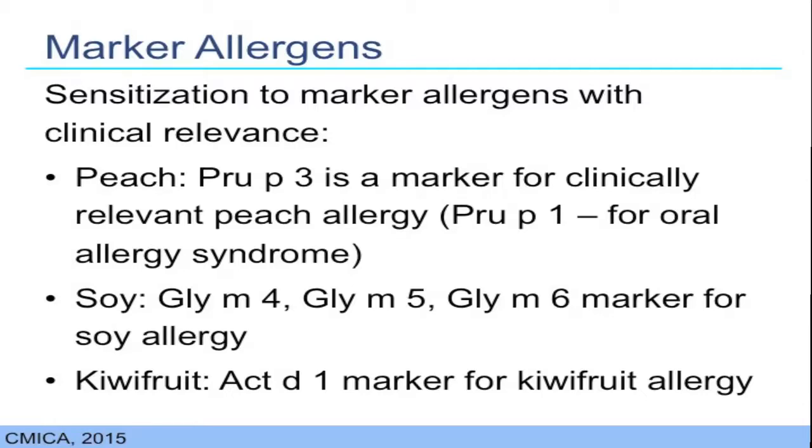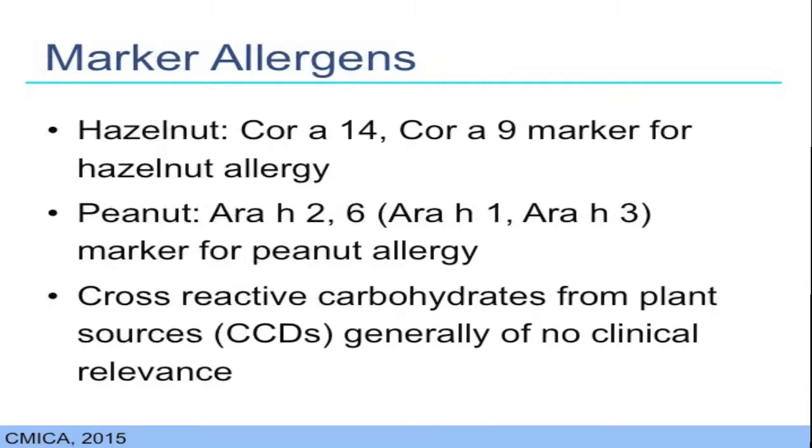And in kiwi fruit, we do have the ACT1 as a marker for true kiwi fruit mono-sensitization and kiwi fruit allergy. In hazelnut, I have shown you that core 14 and core 9 seem to be quite good markers for hazelnut allergy. I did not touch the subject on peanut, but this will be done by Gideon Leck in the afternoon.